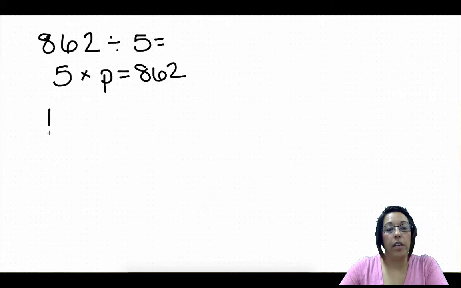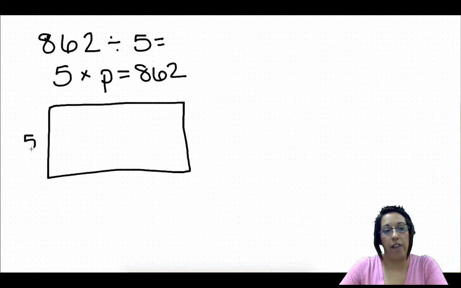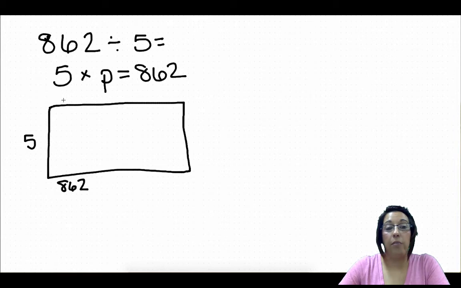So when we look at the area model, we draw it out. We know we have 5 down here. We know our total area is 862. So we work to see what's the biggest chunk we can take out of that. Well, I know that 5 times 100 is going to be 500.